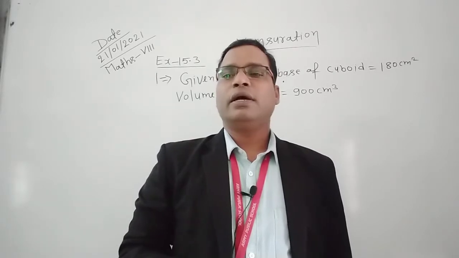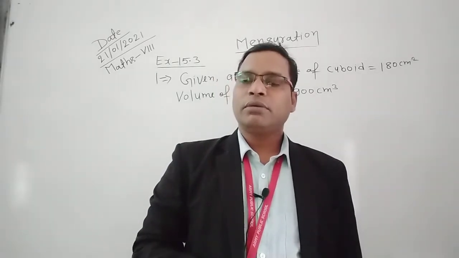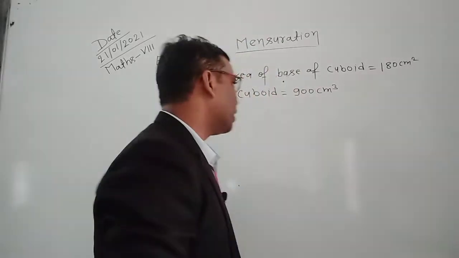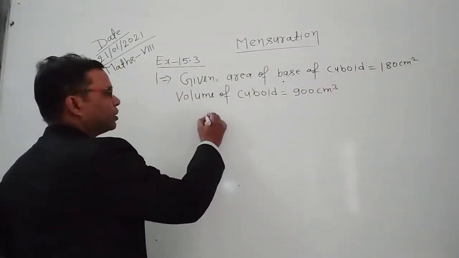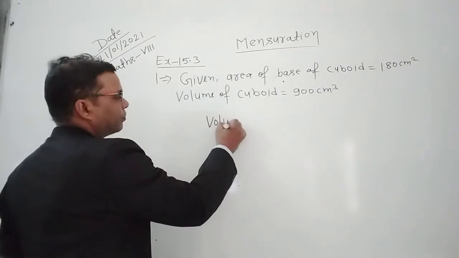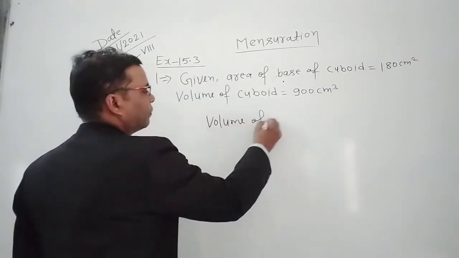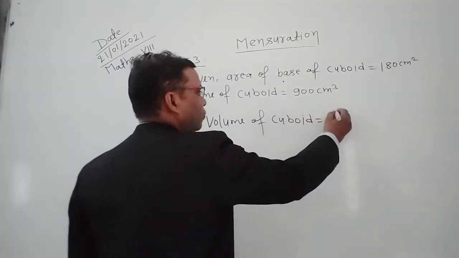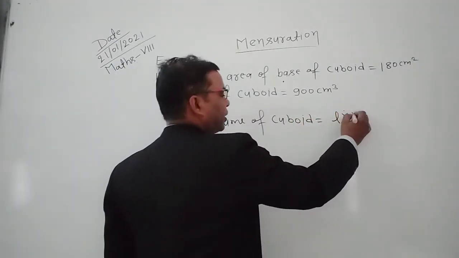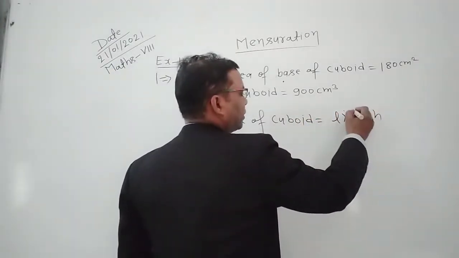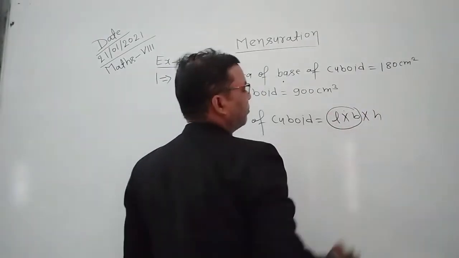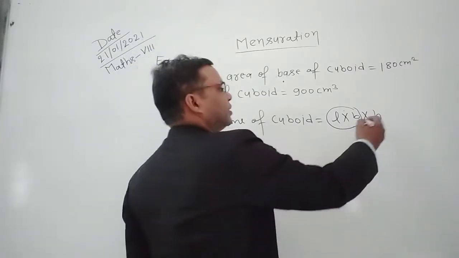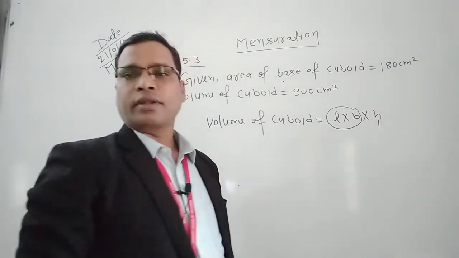As you know, the volume of a cuboid is equal to the area of base into height. Obviously you know very well the volume of cuboid is equal to length into breadth into height. L into B is the base area of the cuboid, and this is the height of the cuboid.